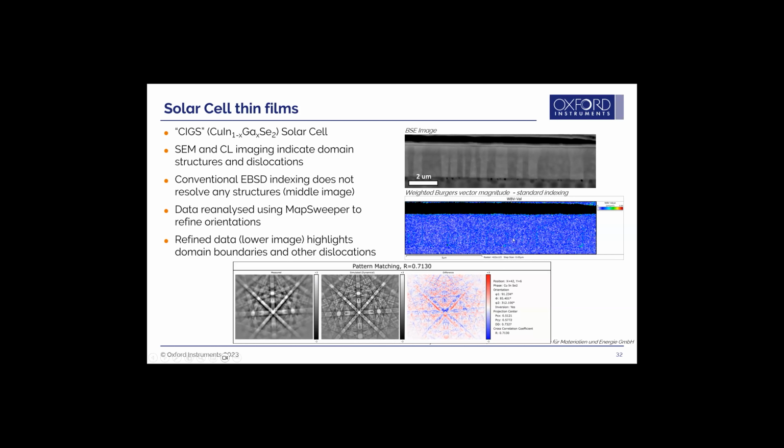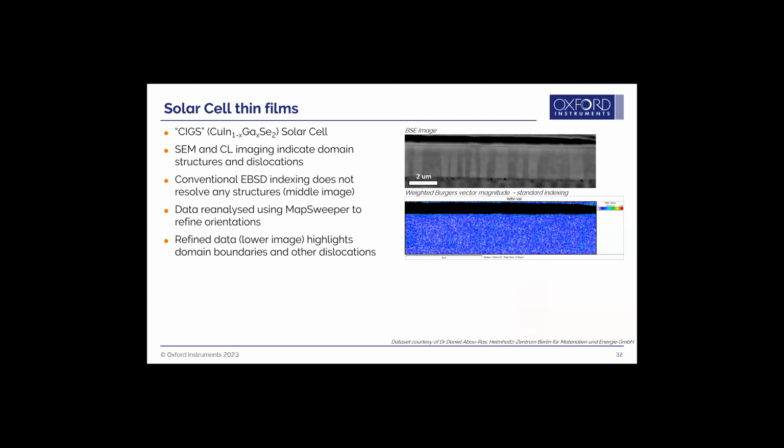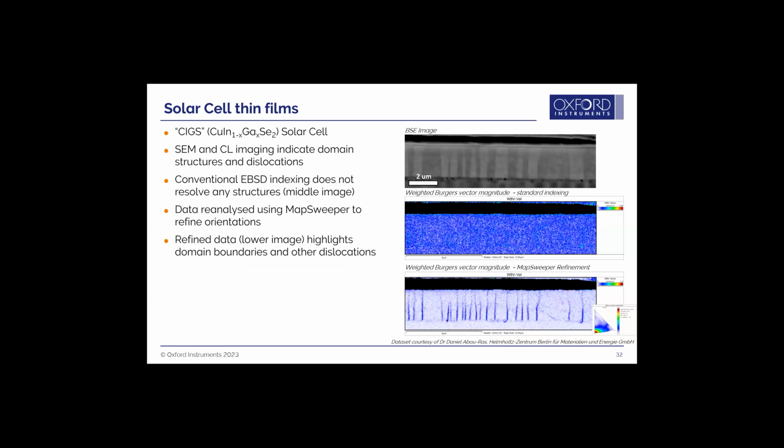And it's enough that when you look at that pattern simulation that's changing, the Hough indexing is not going to account for that difference. But when we do pattern matching, we can look at it and see differences here. We can go through various rotation transformations and see that there is one orientation that works better. And when we plug it through this data set, it reveals the domain structure there.